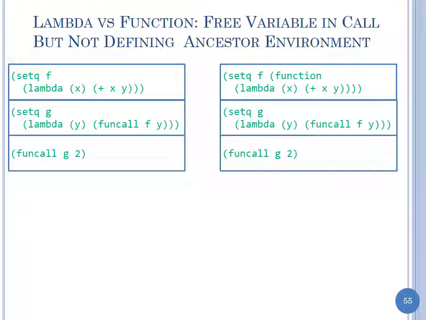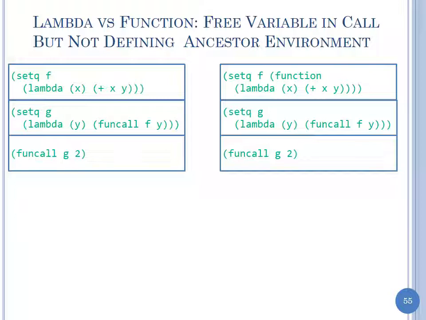Let's recap that. We see f on the left being bound to a lambda, and the body of the lambda evaluates plus x y, where x is a parameter and y is not, so y must be a free variable. We don't have to evaluate it immediately. We define another function g that defines a y and makes it the x parameter of f.